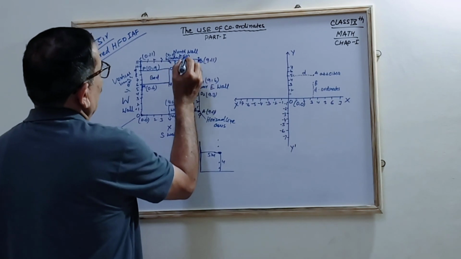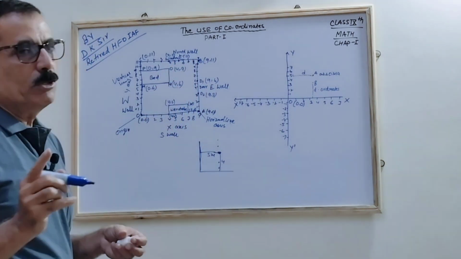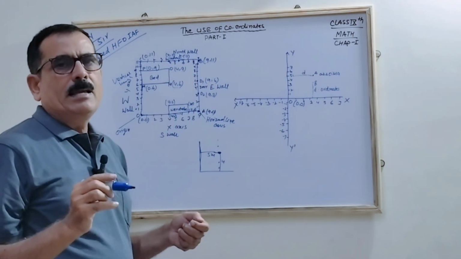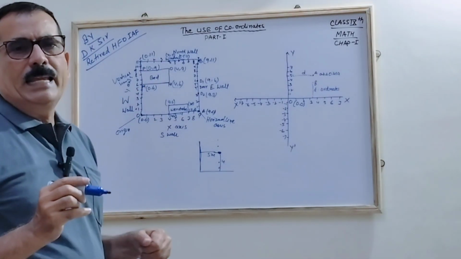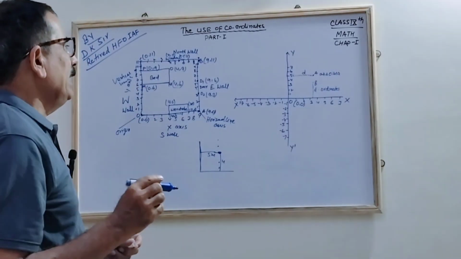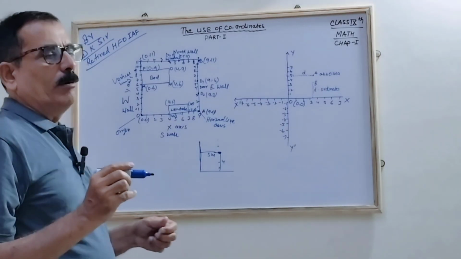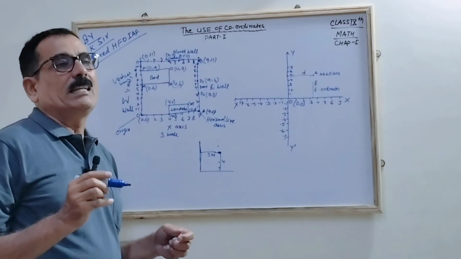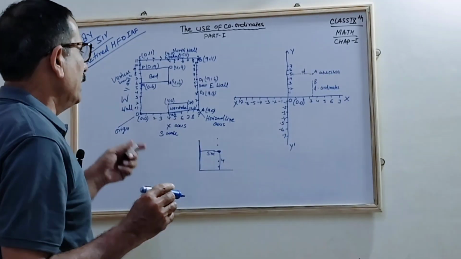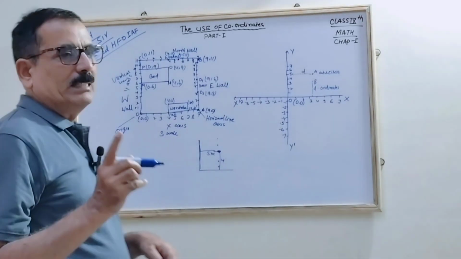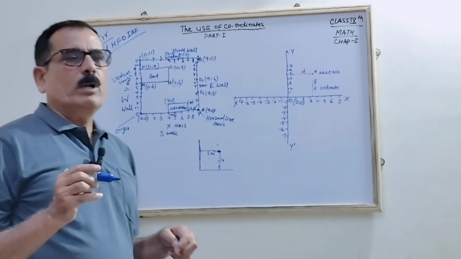So with respect to the horizontal line and the vertical line, we can find out any of the rooms, any of the things, any place in the world with reference to the equator and the prime meridian, we can locate it, correct? So there was a requirement felt to locate anything.